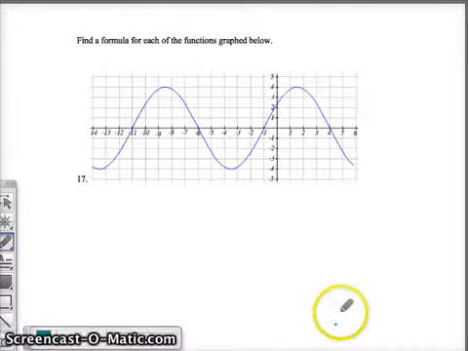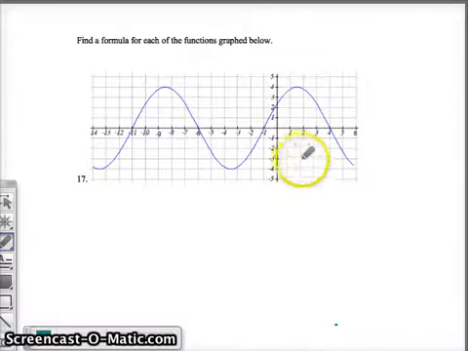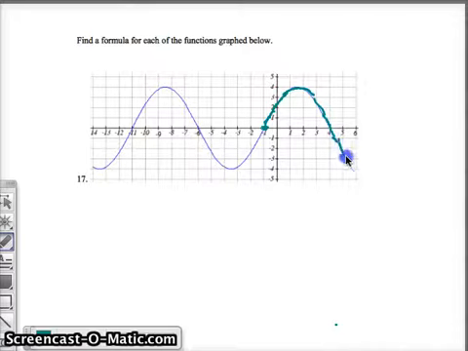All right, find the formula for the function. Now that is a good question. Well, we have to decide between sine and cosine. This is sine. Sine starts right here. So what I'm going to do is I'm just going to treat it like I'm trying to find the equation of that sinusoid.